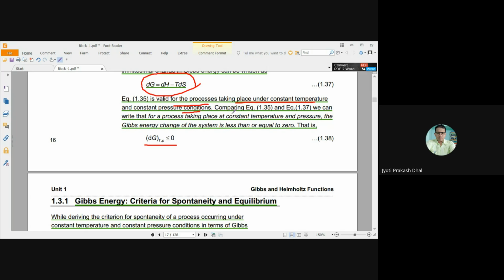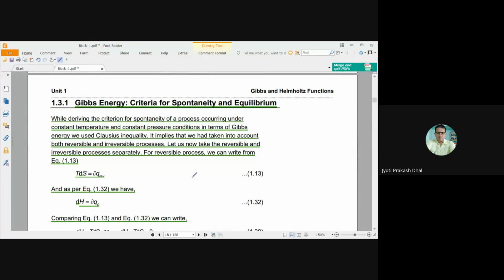Now comparing equations 35 and 37, for a process at constant temperature and pressure, the Gibbs energy change of the system is less than or equal to 0, that is dG at constant T and P is less than or equal to 0. If the value is less than 0, the process is spontaneous. If it equals 0, it is in equilibrium. This is the criterion of spontaneity and equilibrium.